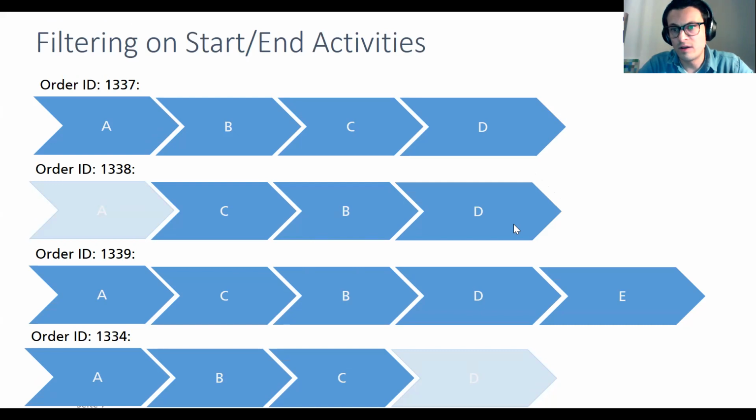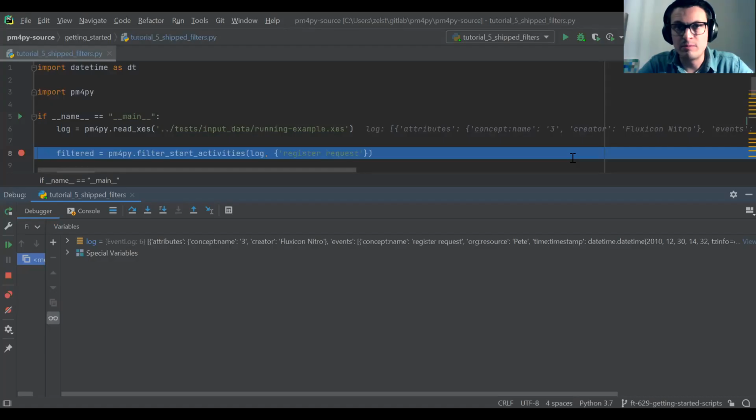So here I am now in my PyCharm editor, and I've loaded this event data in line 6. Now I happen to know that my register request activity is the only start activity in this event log.